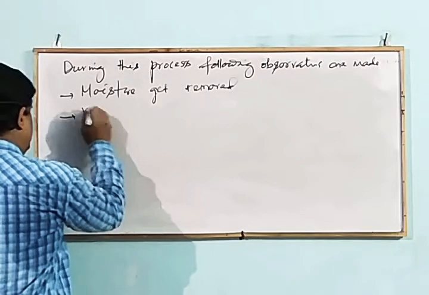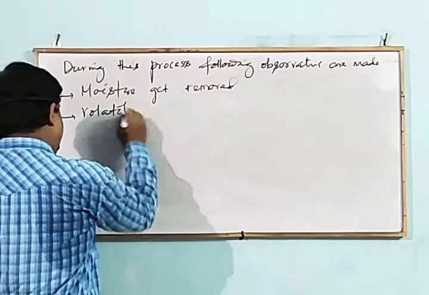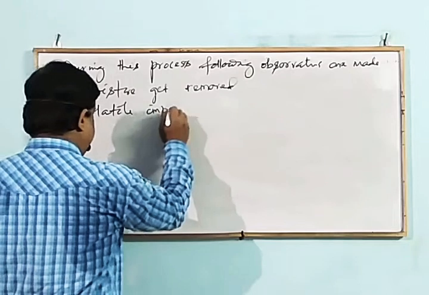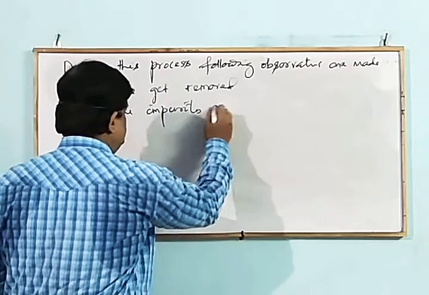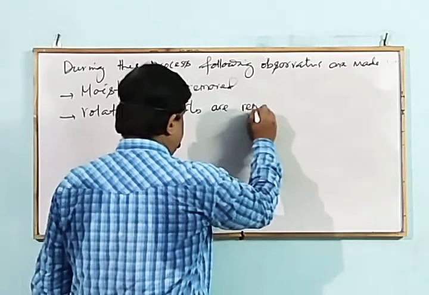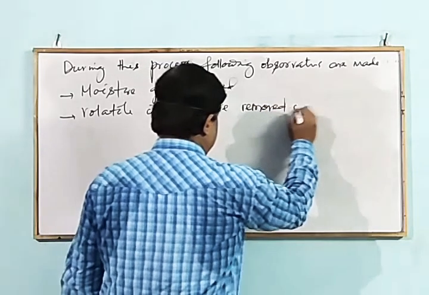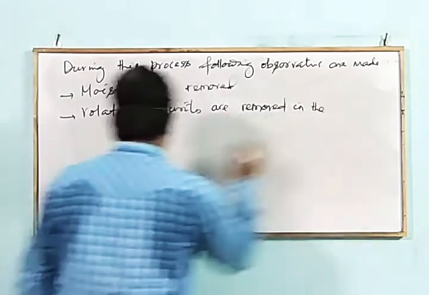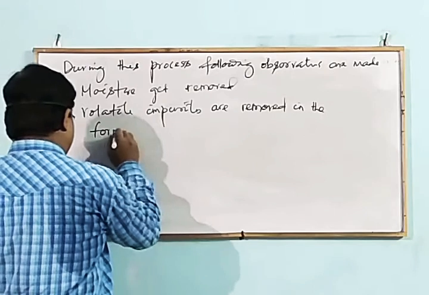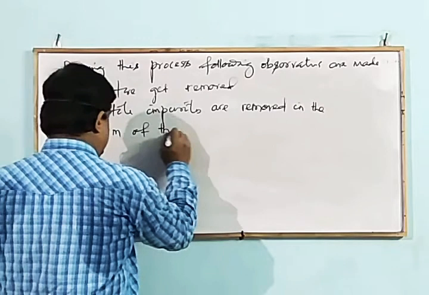Point 2: volatile impurities are removed in the form of their oxide.